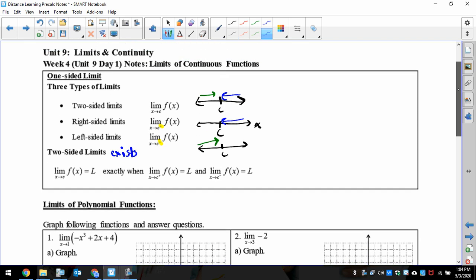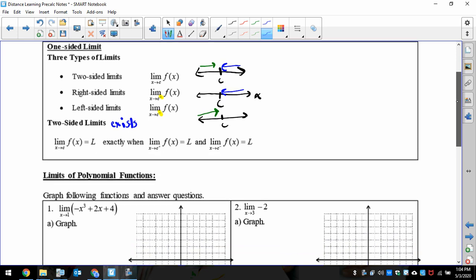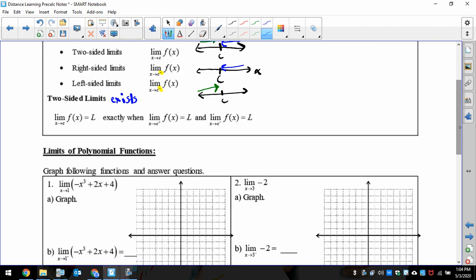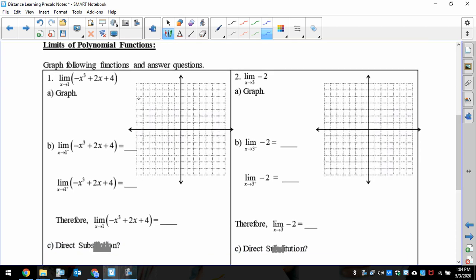For this first section in Unit 9, Day 1, we're just looking at limits of continuous functions, and for continuous functions, the left-hand limit and the right-hand limit will always meet up. So we're not going to see any where the two-sided limits do not exist here, since all of our functions are continuous. Let's go ahead and plot this function right here.